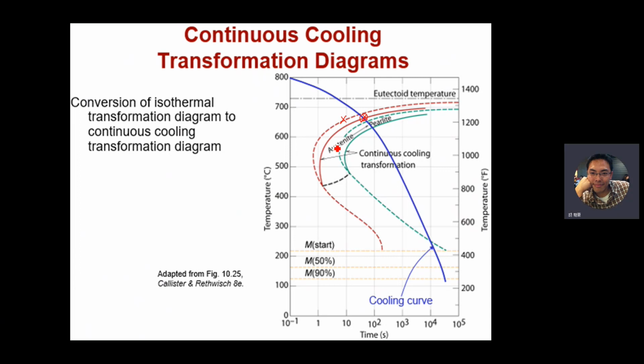And the pearlite completely forms at this point for continuous cooling. For isothermal cooling, the phase will completely transform to pearlite at this point. Okay, you get what I'm saying?